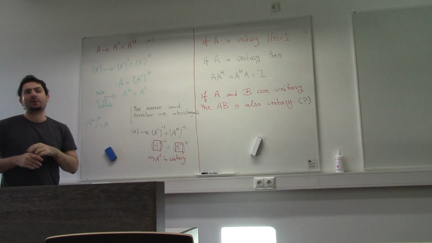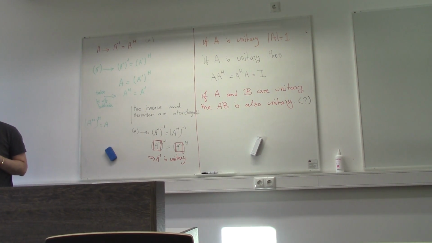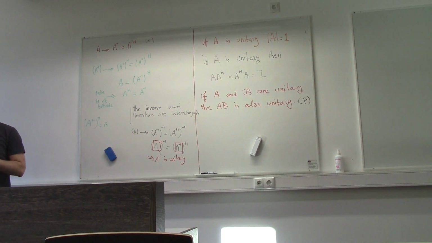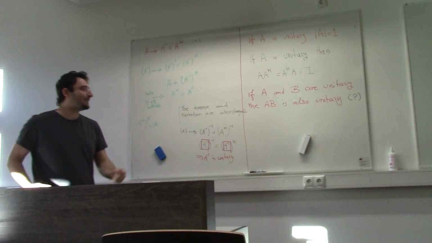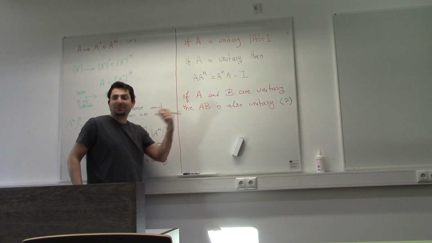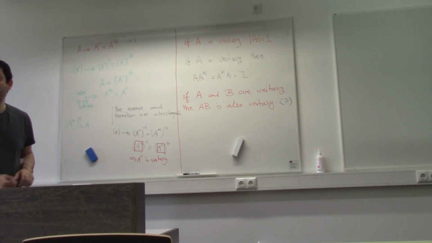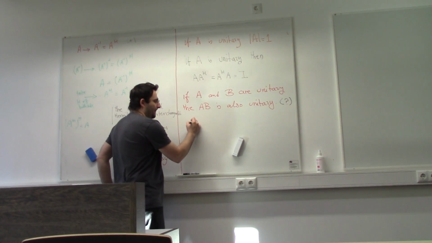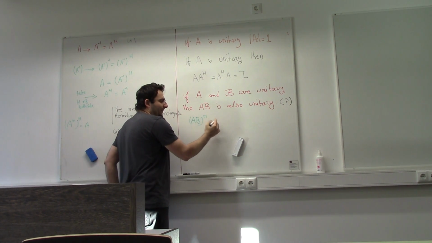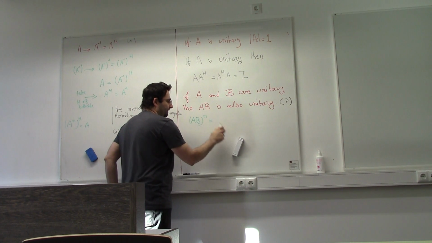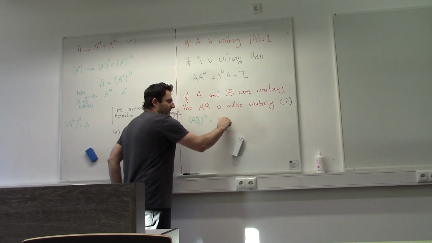This type of question has an easy approach to solve. Look, if AB wants to be unitary, it means that AB Hermitian should be AB inverse, right?